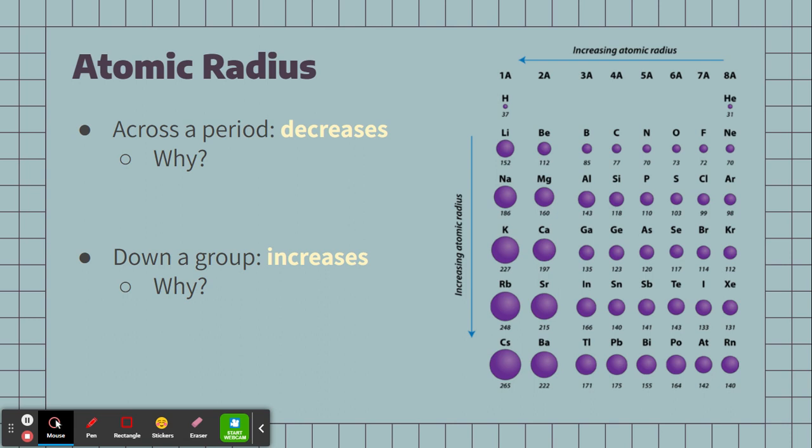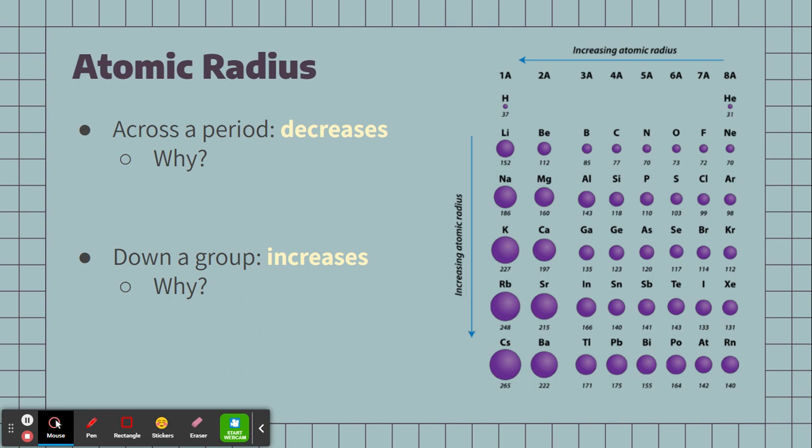Across a period, atomic radius decreases. The reason for this is that as atoms are observed from left to right on the periodic table, the number of protons in those atoms' nuclei increases. If the number of protons in the nucleus of an atom increases, the effective nuclear charge will also increase.